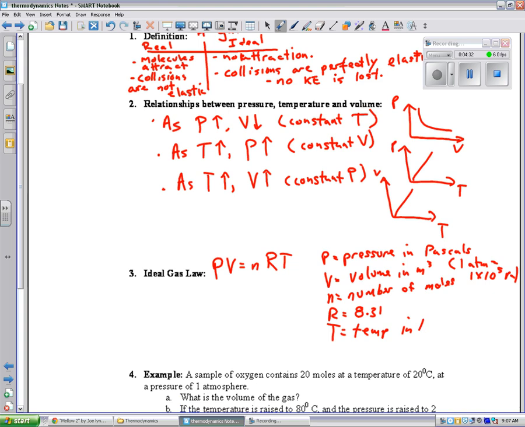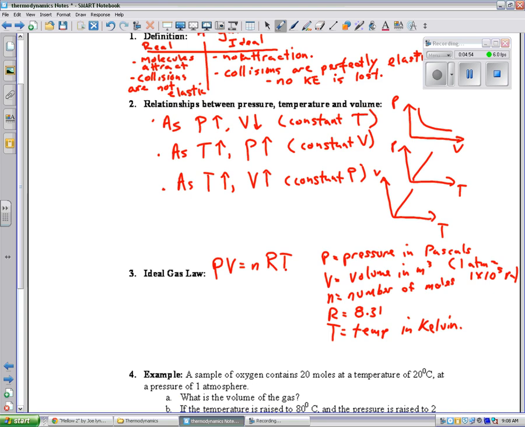R is a constant. It's 8.31 in the units we're using. And then T is temperature in Kelvin. Now you remember in the stuff we did earlier, for instance, Q equals mC delta T, for the delta T it doesn't really matter if you convert to Kelvin or Celsius. But when you have a T by itself, not a delta T, your temperature has to be in Kelvin.